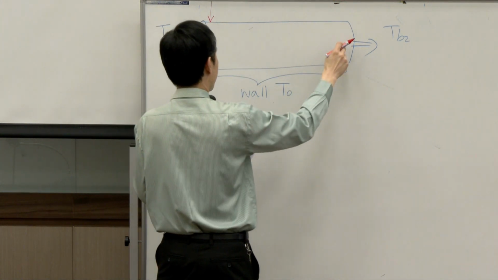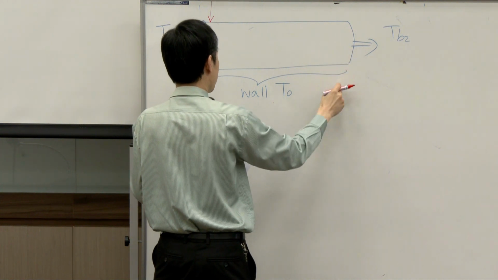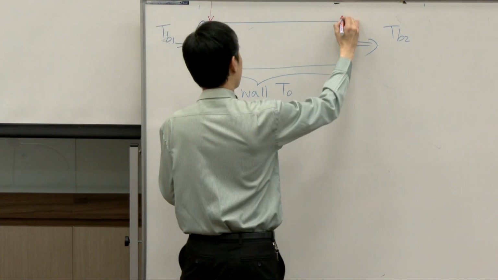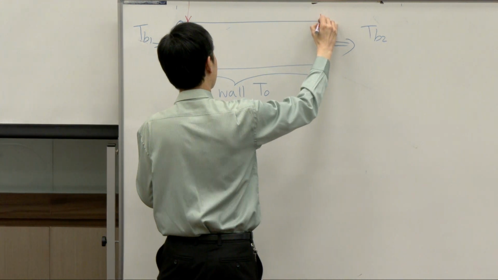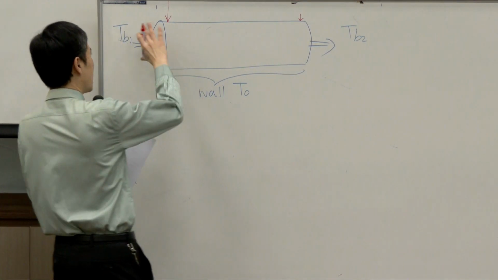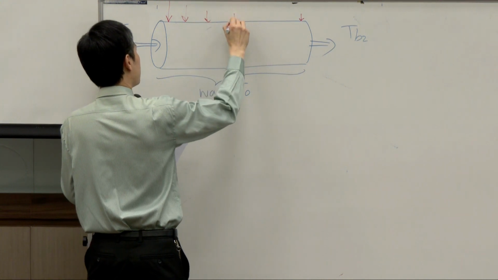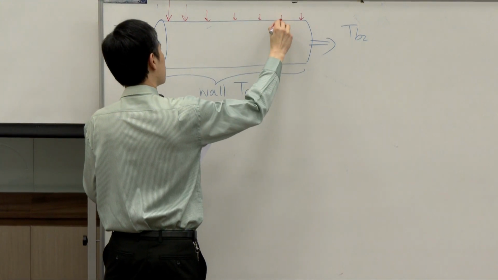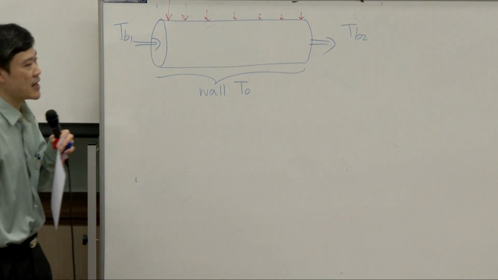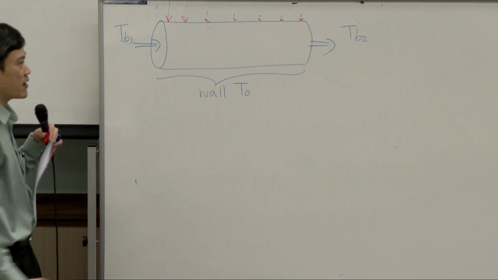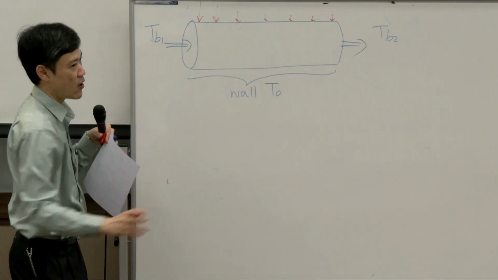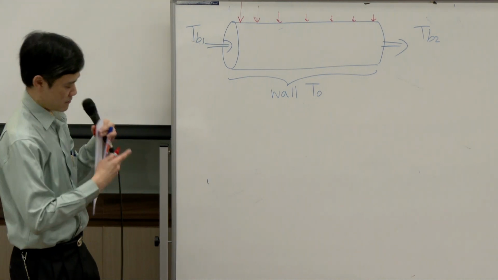Of course, the change in temperature between TB and T0 would be small. The driving force for heat transfer here would be small. So along the pipe, there will be heat transfer all the way, but it becomes smaller and smaller. So that means the driving force for heat transfer now depends on the Z direction.